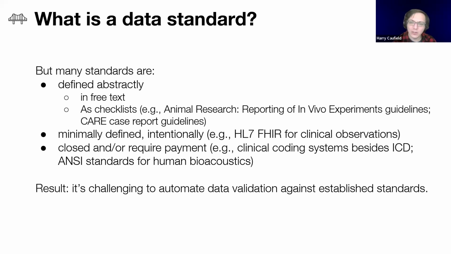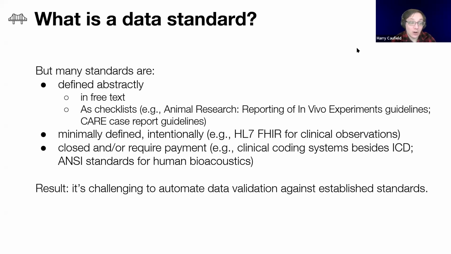For example, if you look at the ARRIVE standards for reporting of in vivo animal experiments, or the CARE guidelines for publishing case reports, those have checklists available, so you can go through and say, okay, well, my final reporting of this data meets these guidelines, and therefore it meets the standard, but they're not necessarily things that you can define in a computable way.